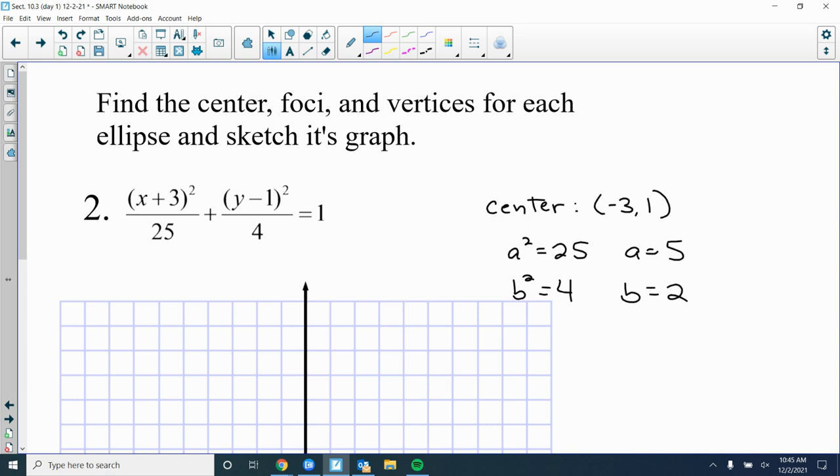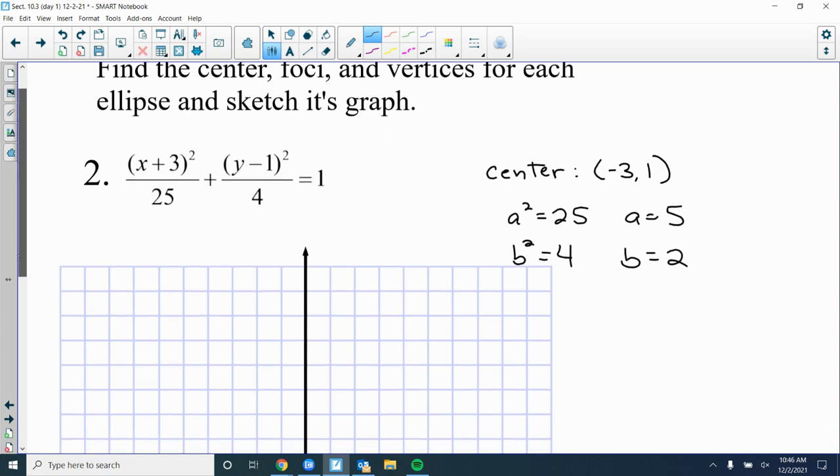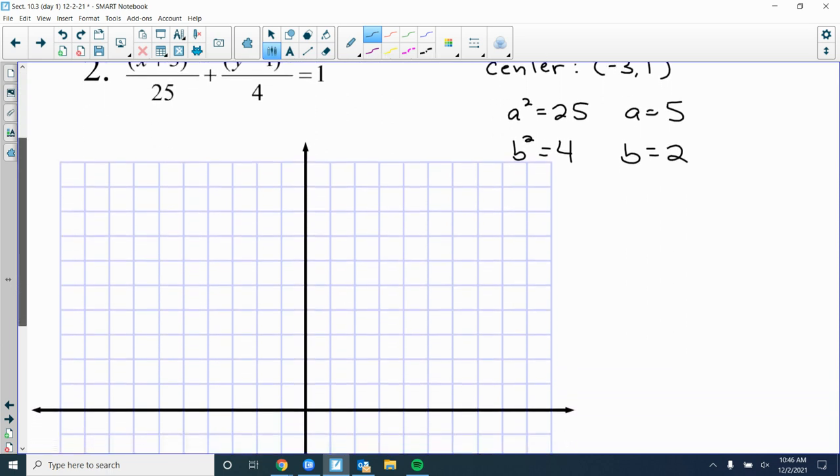All right, so go ahead, graph what you know, put your center down. Negative 3, 1. Now a is 5. It's underneath the x, so you're going to go left and right 5.